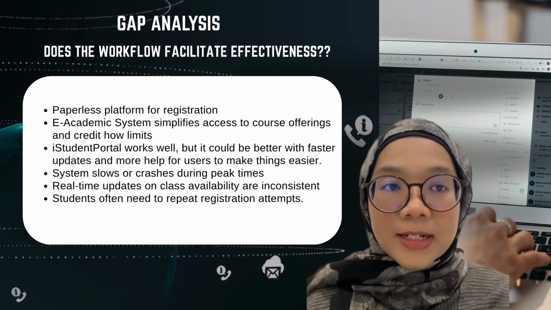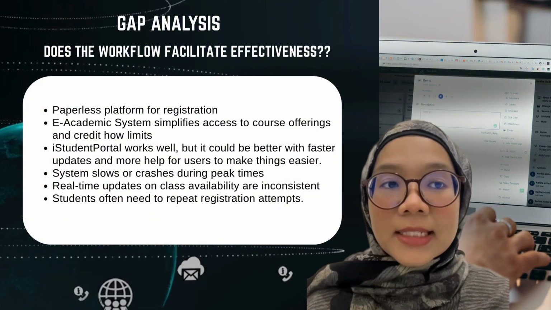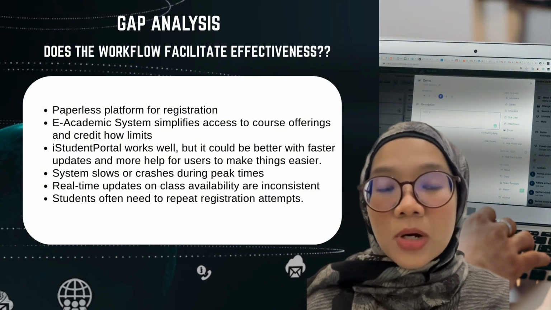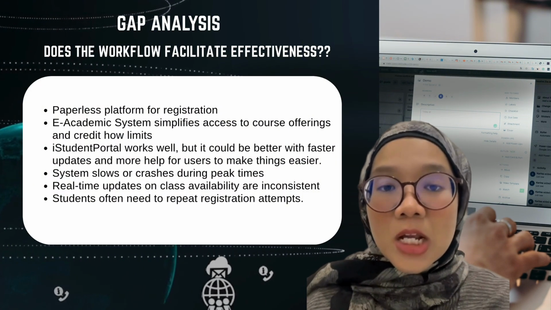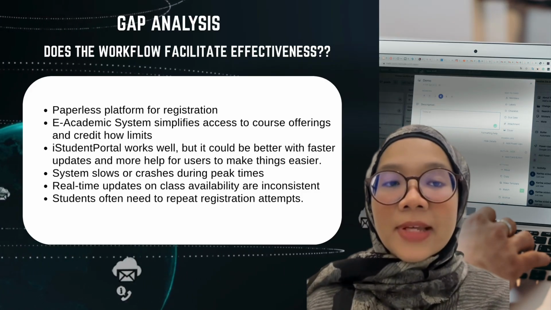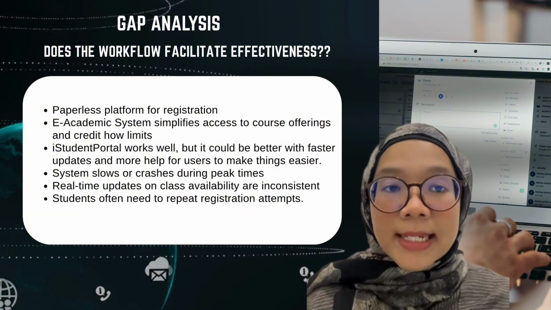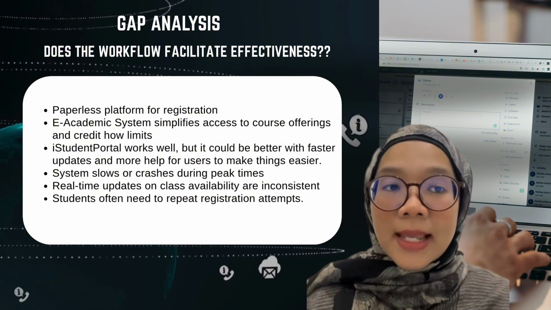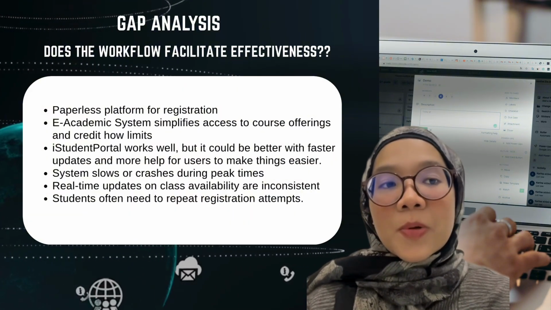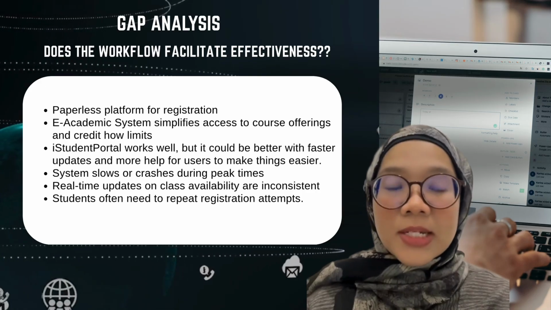In this section, we examine whether the current registration workflow at UiTM truly supports effective and efficient course enrollment for students. To begin with, the system is paperless, which is a positive step toward digital transformation.